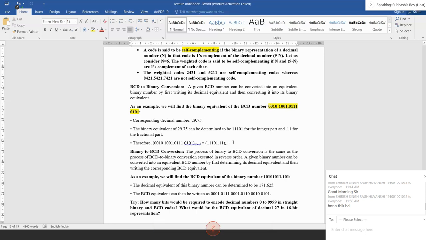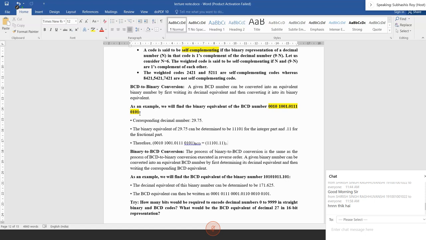The point you need to remember is that whenever you are converting a BCD number to binary, you may visualize that the given BCD number is already in binary format, 0010 1001.0111 0101. Then why should I convert it into binary? It is already in binary. But remember, it is not in binary format.